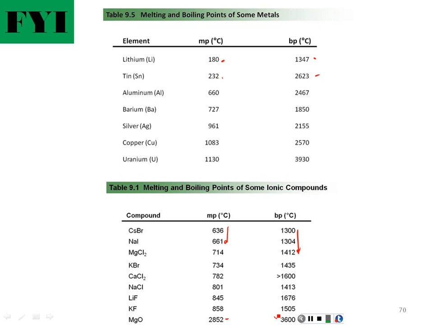What makes it special compared to some of these others? Well, that's because magnesium is a 2+ ion and oxygen is a 2- anion. So if you remember Coulomb's law, that makes that bond charge A times charge B divided by the distance. If the distance is roughly the same as some of these other ionic compounds, that would make the bond strength roughly 4 times as strong as singly charged ions.